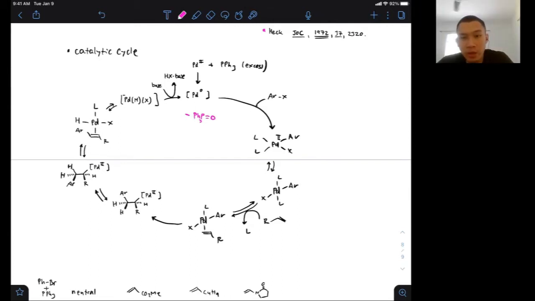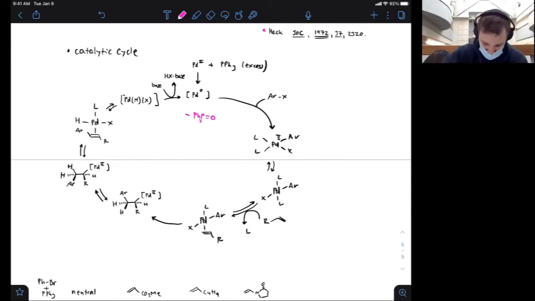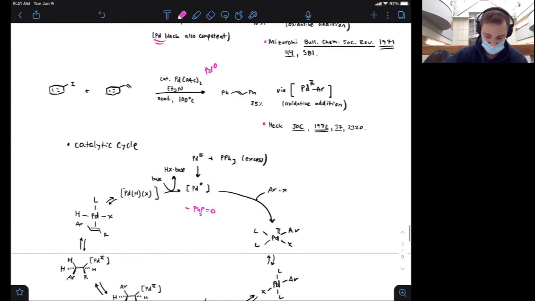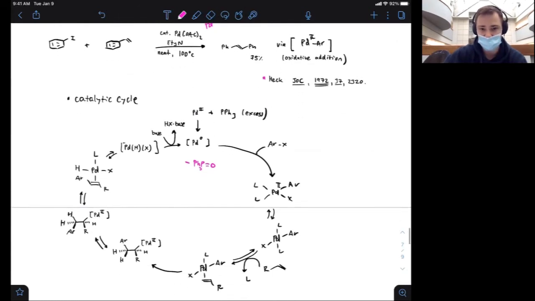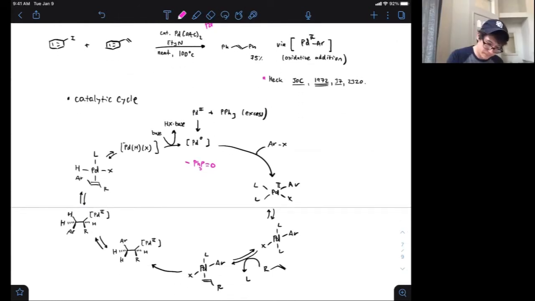Okay, thank you. Yeah. Sorry, Kiri. I was just going to ask the same question, and I don't want to belabor it too much. But so in these seminal reports here, there's not a phosphine there, so where does the palladium-0 come from? Like you drew the palladium-0 in pink up there. But then how does that work in that case? I mean, great question, Brendan.